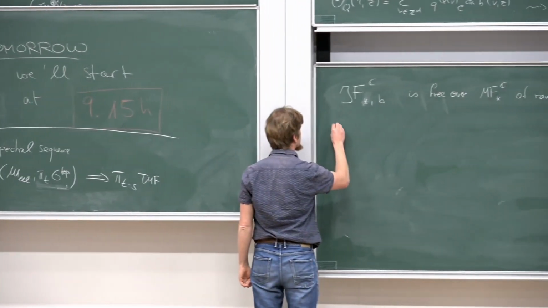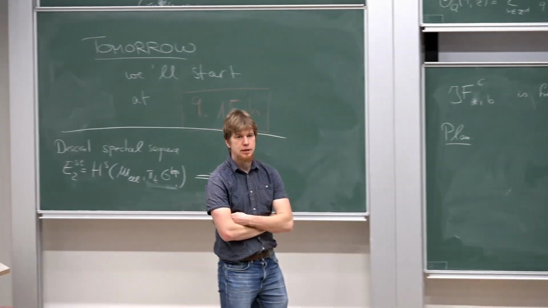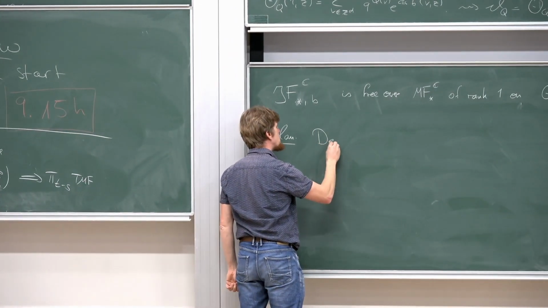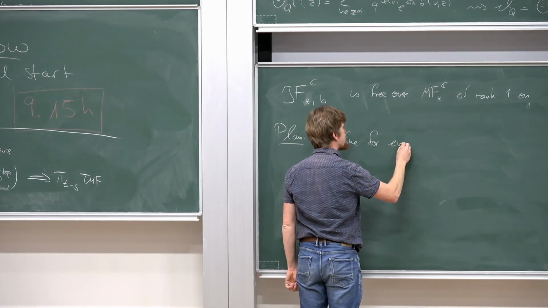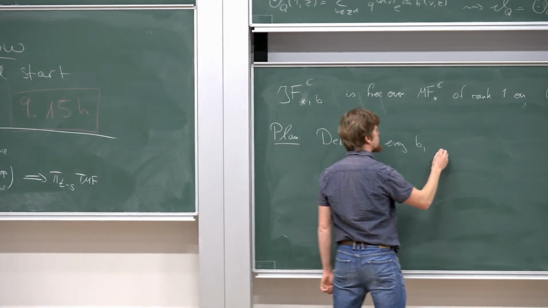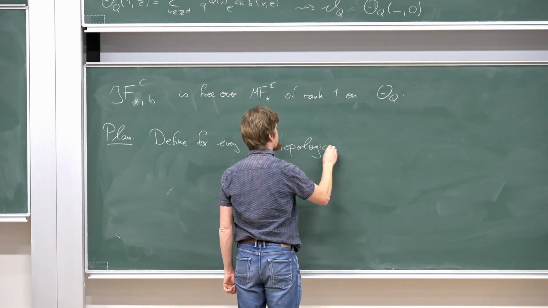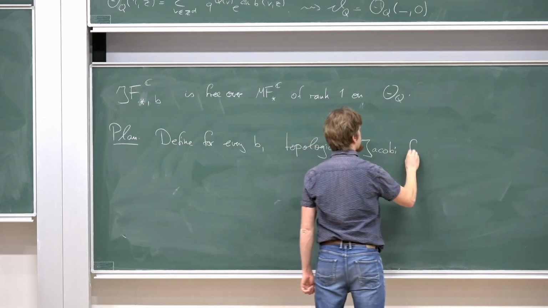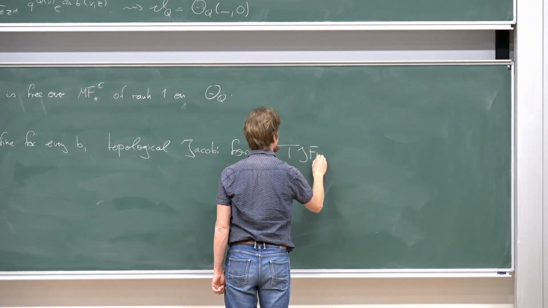The rough plan, I will say much more about it on Thursday, is to define, for every B, topological Jacobi forms, TJF_B.